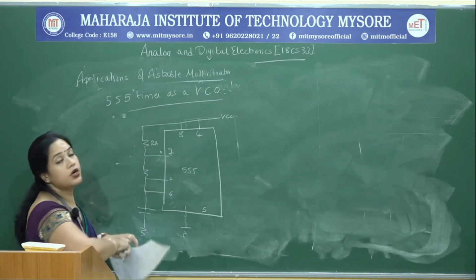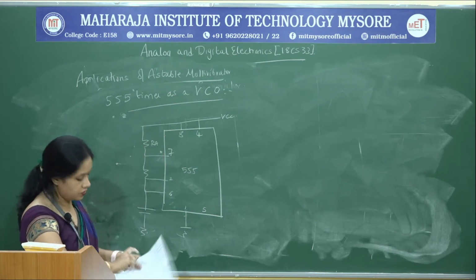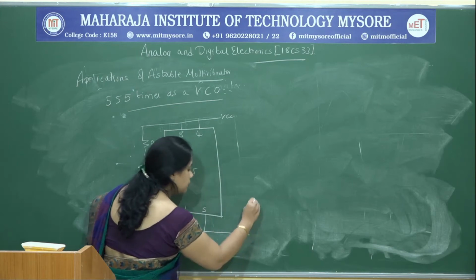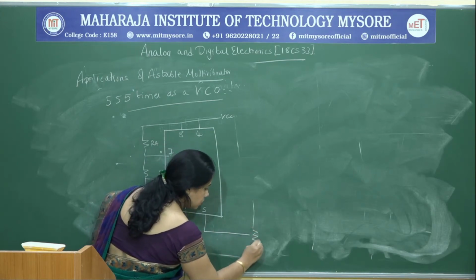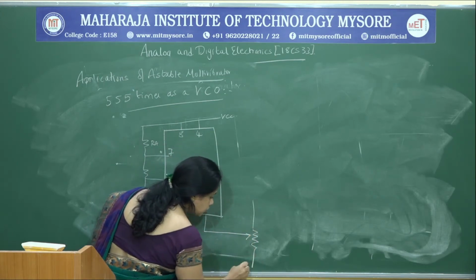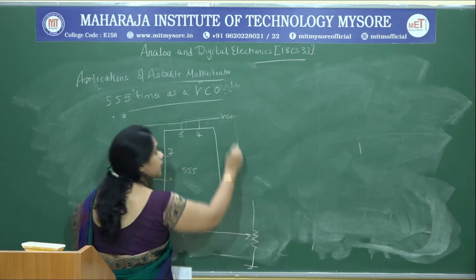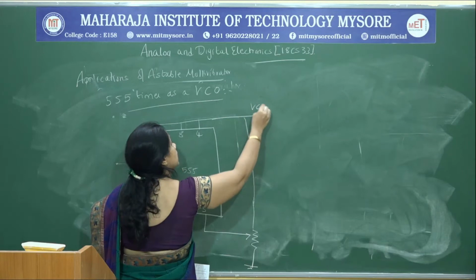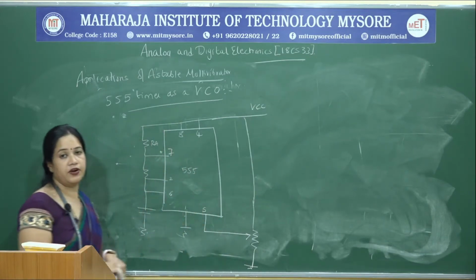Now, because we want it to operate as a voltage controlled oscillator, what I do is apply a variable voltage using a potentiometer to the control pin of your 555 timer.